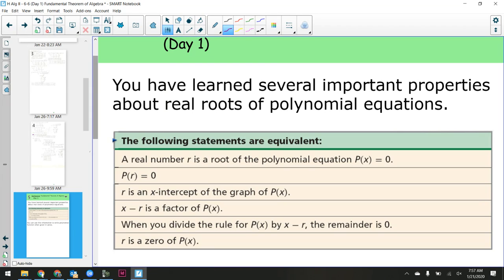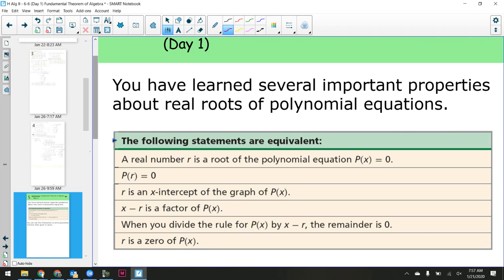We would know that if I plugged that root in, you get out 0, which means that it's an x-intercept. If you have the x value of r, where r is a root, you must get out 0 if it is truly a root, which also ties into the fact that if we divide P of x by x minus r, doing synthetic division, you should always get a 0 as your remainder.